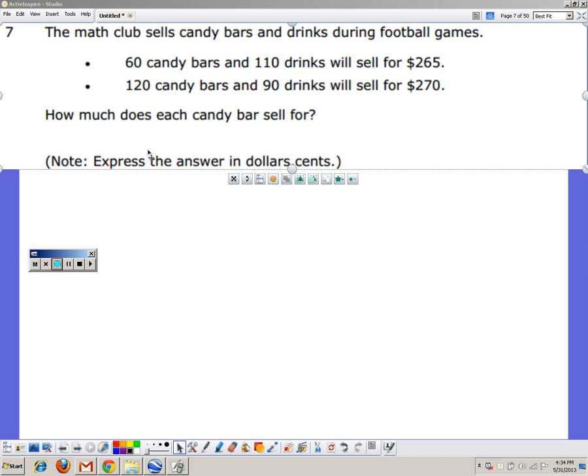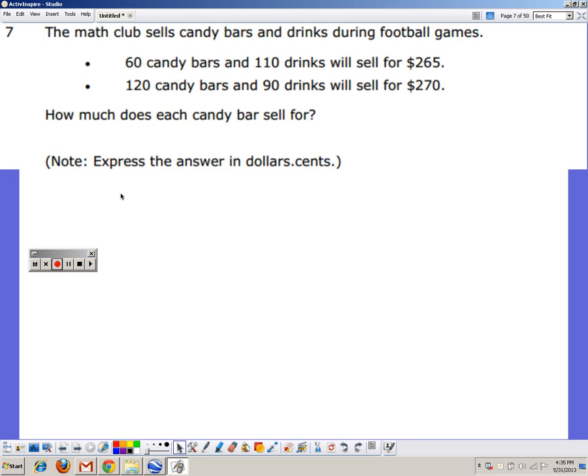Number 7, you have two unknowns. You have candy bars and drinks. You know the number of candy bars and drinks you sold and how much you sold all that total for, but you don't know the cost of each candy bar and drink.